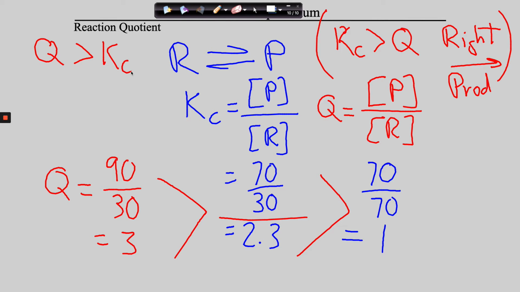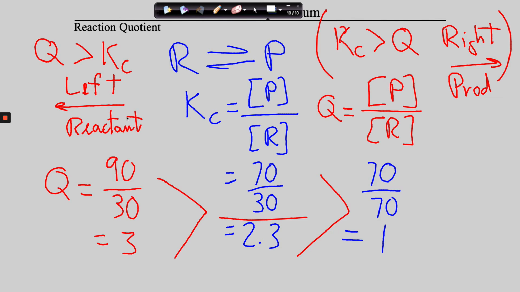When it gets back to that 2.3 to 1 ratio. But guys, as this is happening, which one's going up? Products or reactants? Reactants. So what that means is that this reaction is shifting to the left, or it's shifting to reactants.